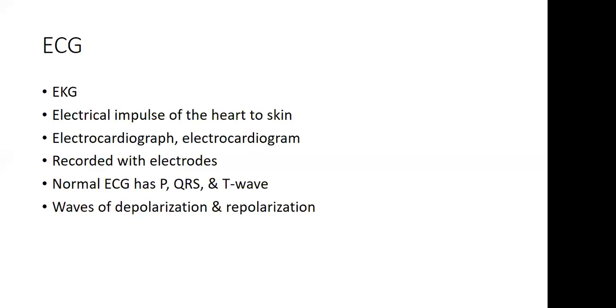You also know that the generator of that impulse is situated in the right atrium, which is called the sinoatrial node. From there, the impulse originates and it spreads over the whole of the atria. Then it comes through special pathways, that is the conducting tissue, into the ventricles, and the ventricles then contract synchronously to push the blood into the aorta.